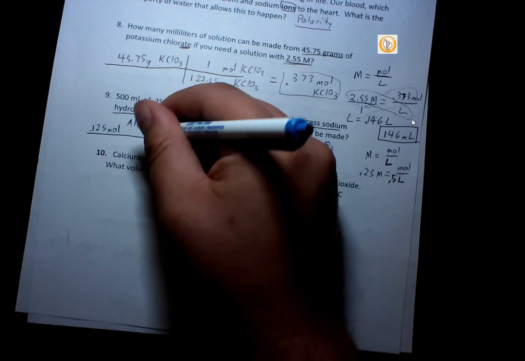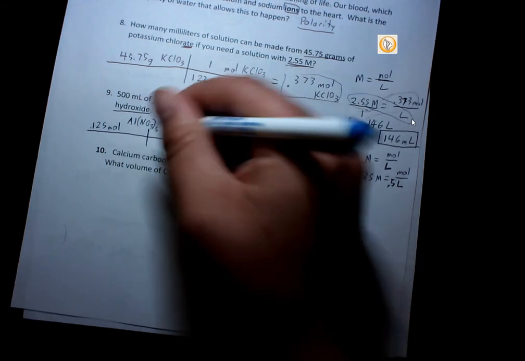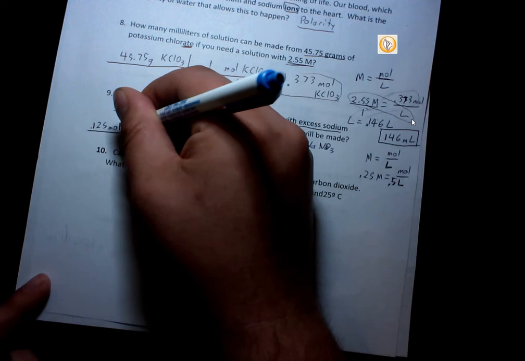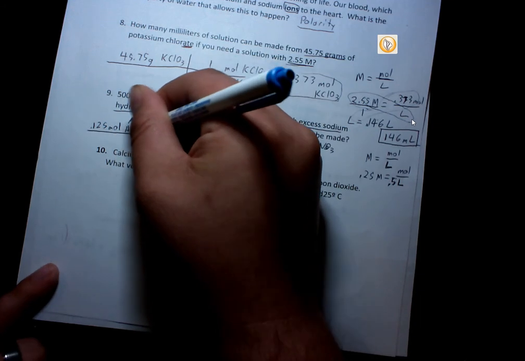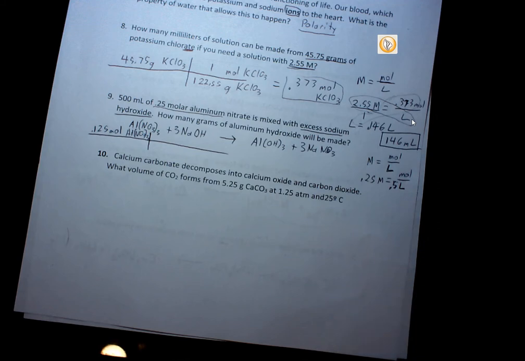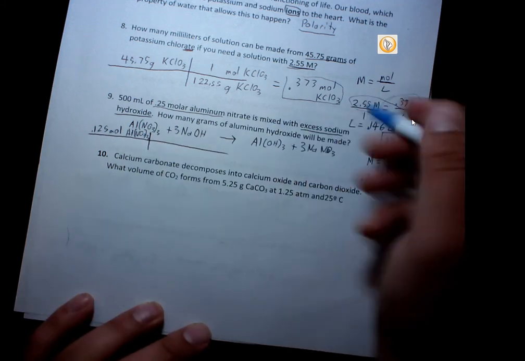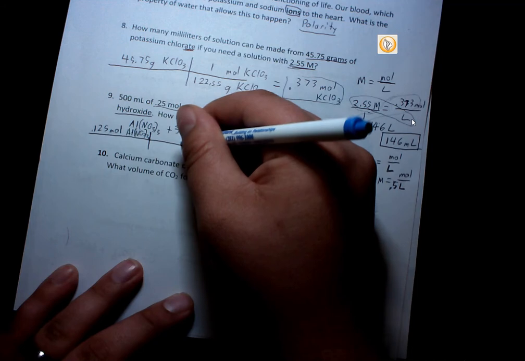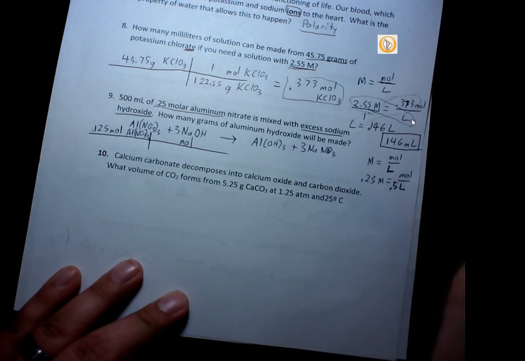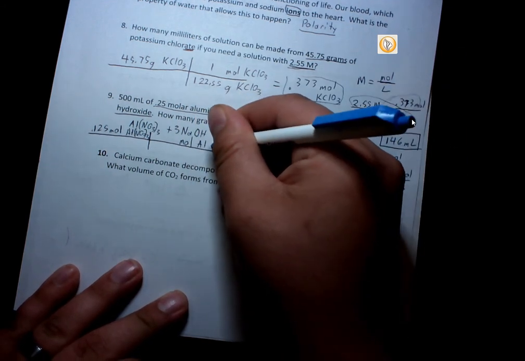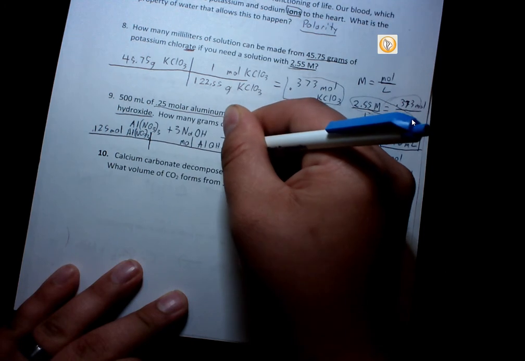Sorry how crowded this is. All right, so 0.125 moles of Al(NO3)3. And we want to take that to grams of aluminum hydroxide. So we're at moles. We can go from moles to moles. So this will be moles of Al(OH)3.